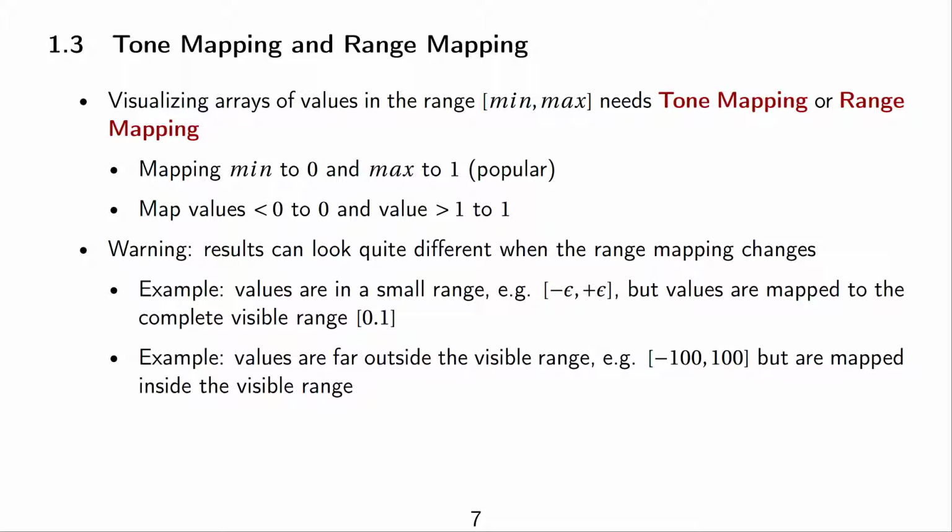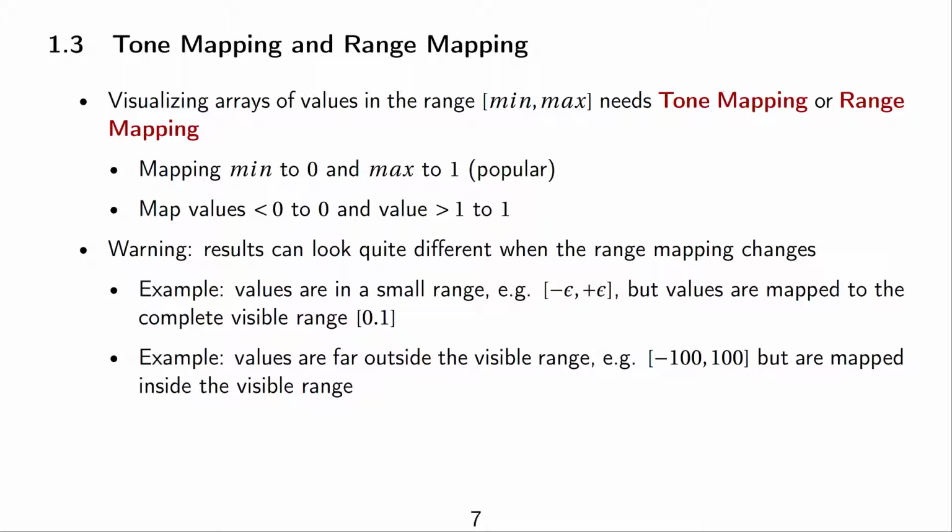And this minimum and maximum is very unlikely to align with the values that the computer can display if they're handed over as an image. So we assume that the visible range that a monitor can display is from minimum 0 to maximum 1. So the problem of tone mapping and range mapping is to take a tensor image of arbitrary values and map the values to the range from 0 to 1 somehow.